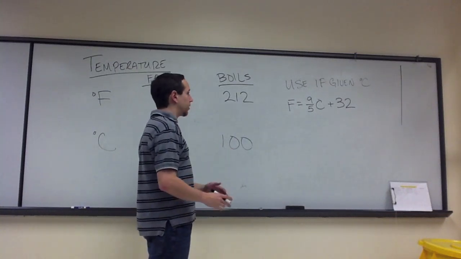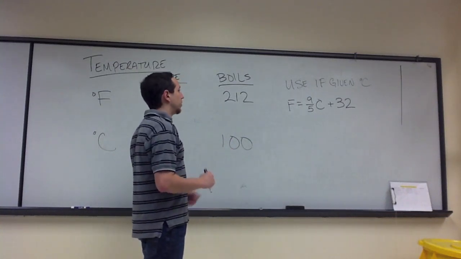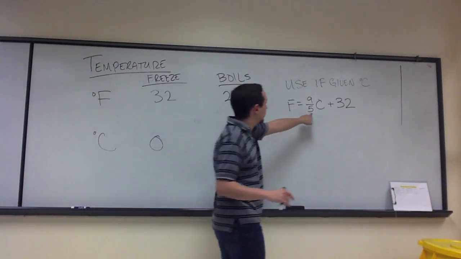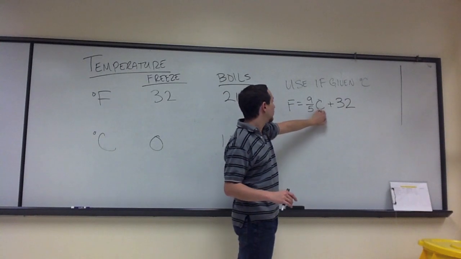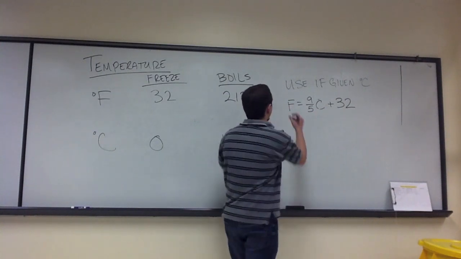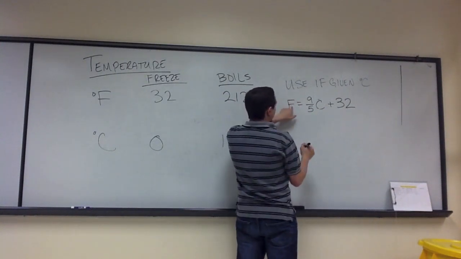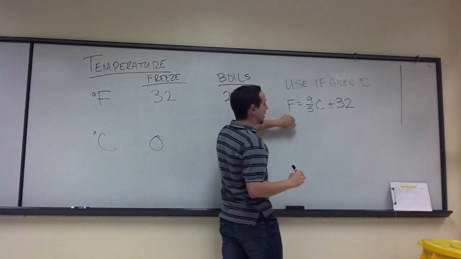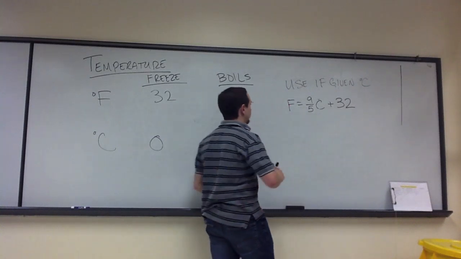Now I want to convert this to an equation I can use if I'm given degrees Fahrenheit. So similar to what I did to solve for x, now I'm going to solve for C, because this one's currently saying, what does F equal if C equals something else? I want it to be saying, what does C equal if F equals something else?